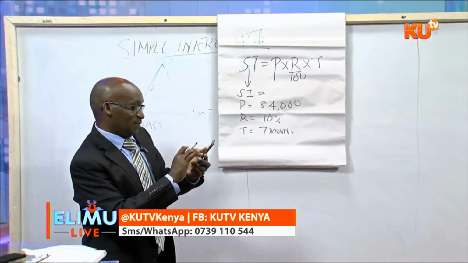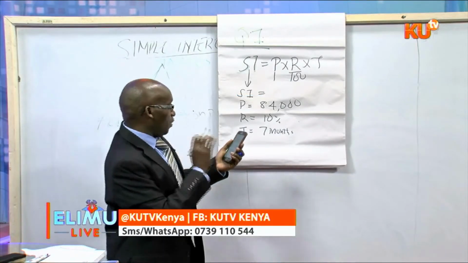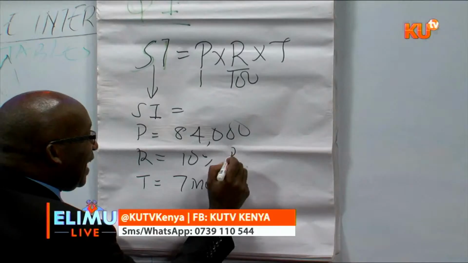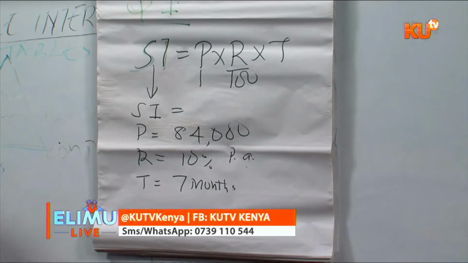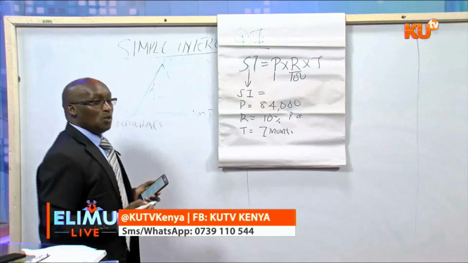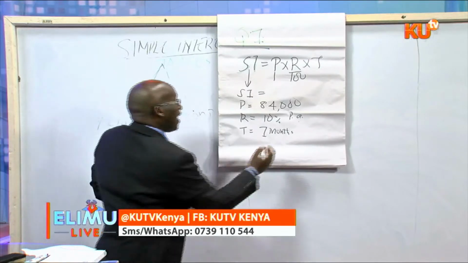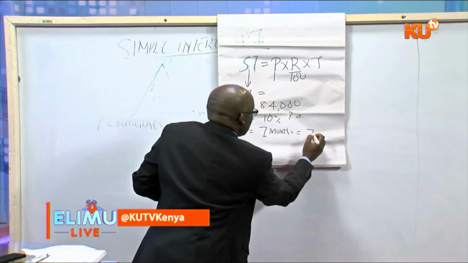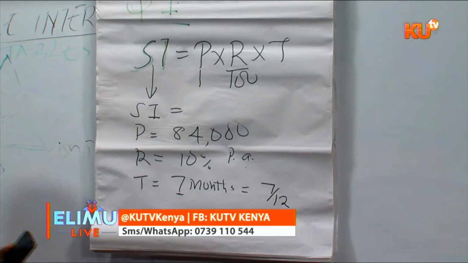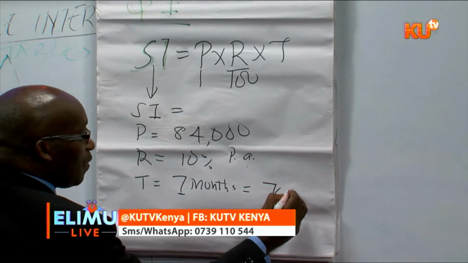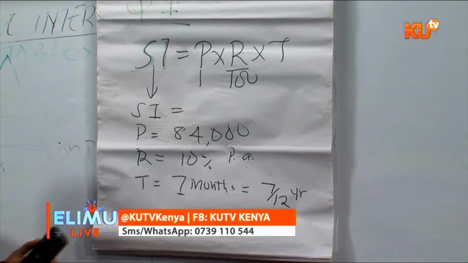But don't forget this. The rate is given as 10% per annum. And you see, we have a situation whereby the time given here is 7 months. So what you need to do first, you need to express this time, which is 7 months, into years by dividing 7 all over 12. This will give you time in years.